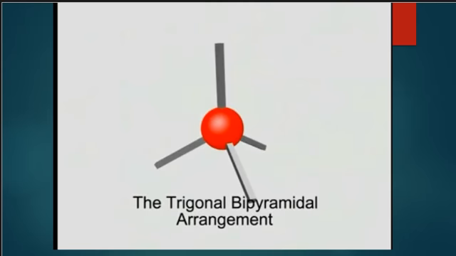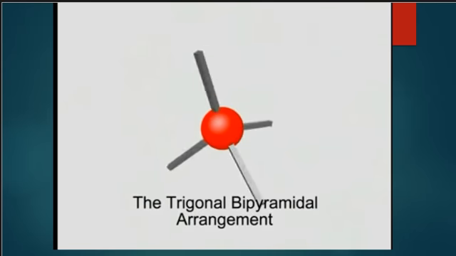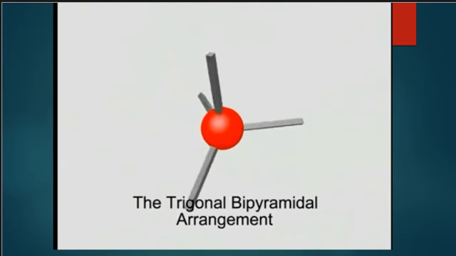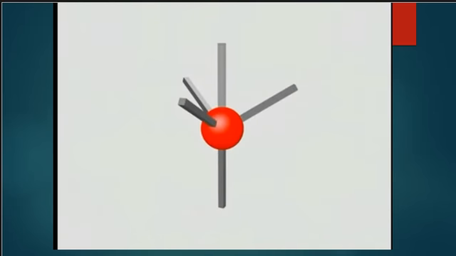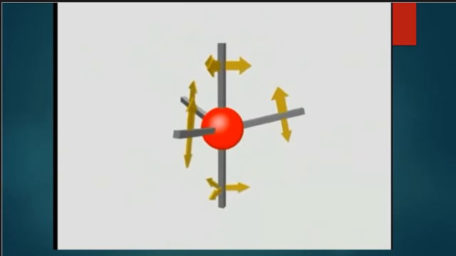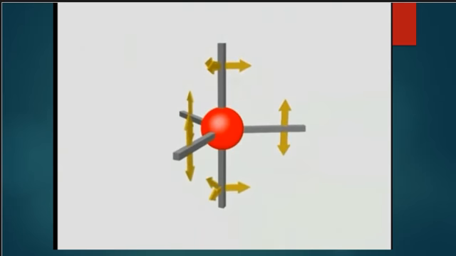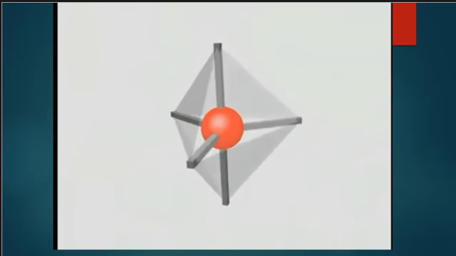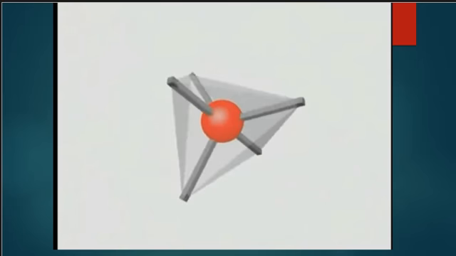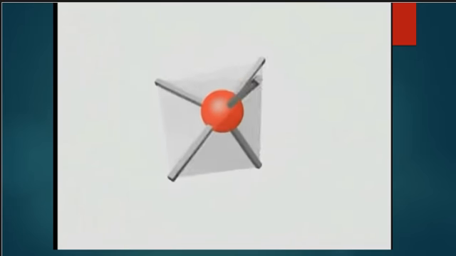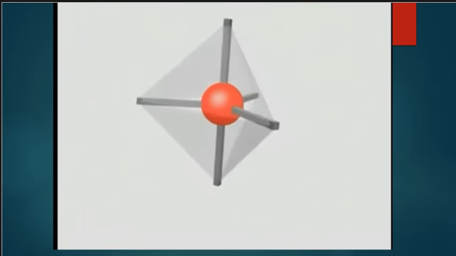Four electron pairs fill the valence level of a period 2 atom, but one from period 3 or higher can use d orbitals to expand its valence level and bond to more than 4 atoms. 5 electron groups minimize repulsions when they point to the corners of a trigonal bipyramid. Here we find two ideal bond angles.